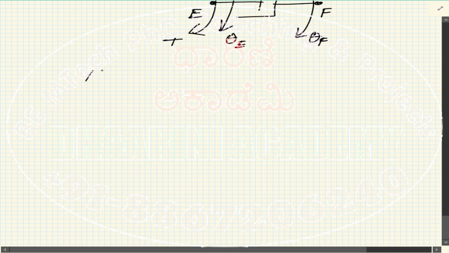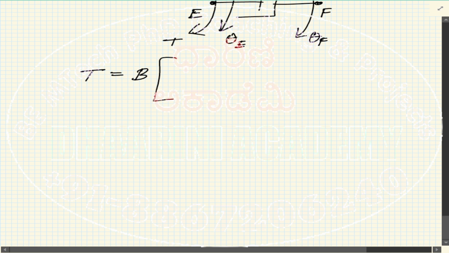Now let's write the equation. Torque is equal to the constant B into, as for translational motion we wrote dx1 of t by dt minus dx2 by dt, similarly now d theta e by dt minus d theta f by dt.